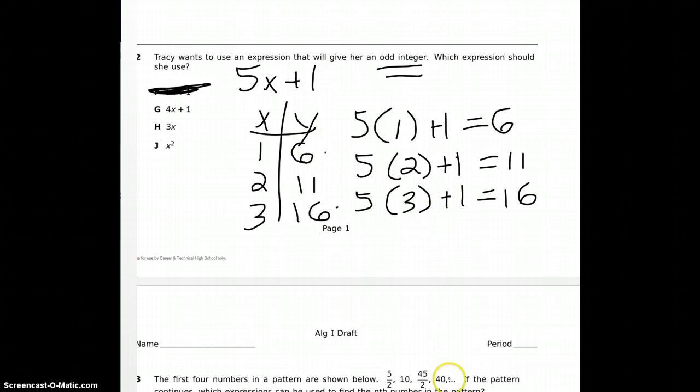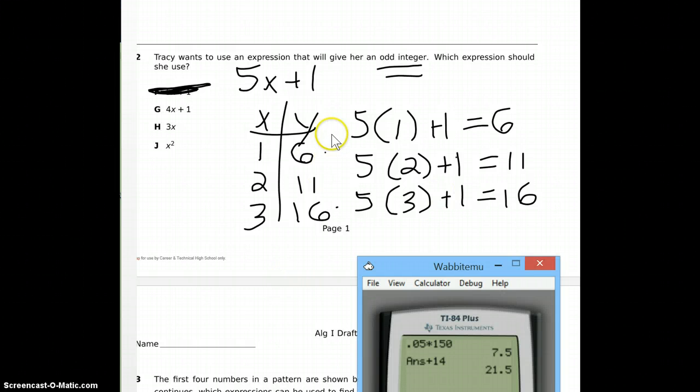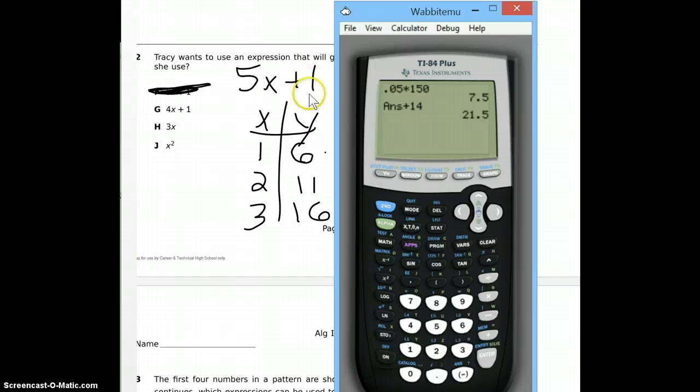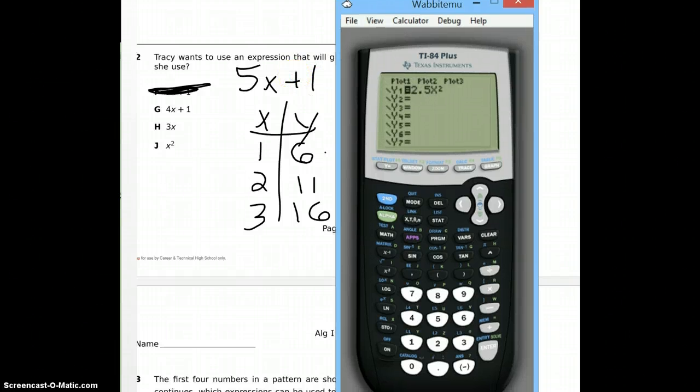that F is not my answer. The other way that you can do this is instead of doing the work, you can just put your answer choices into y equals. I'm going to put answer choice G, which is 4x plus 1, into my calculator.